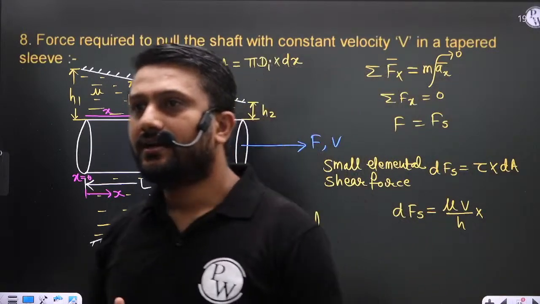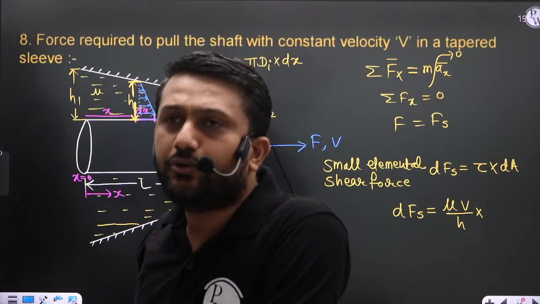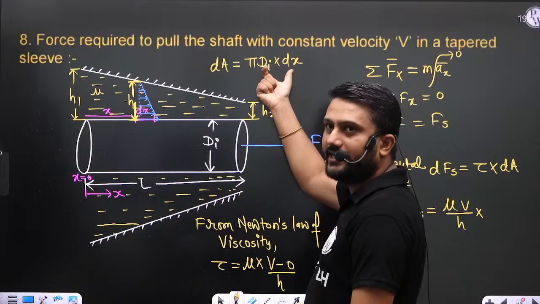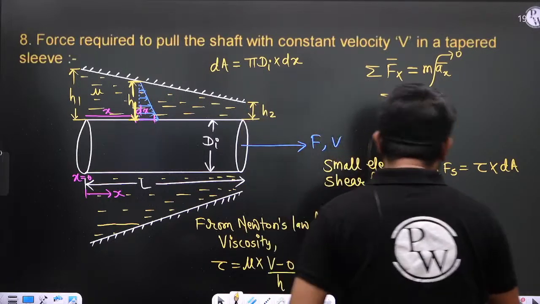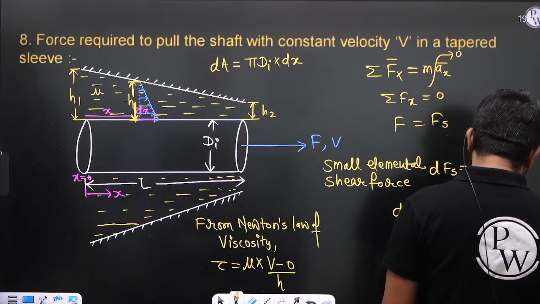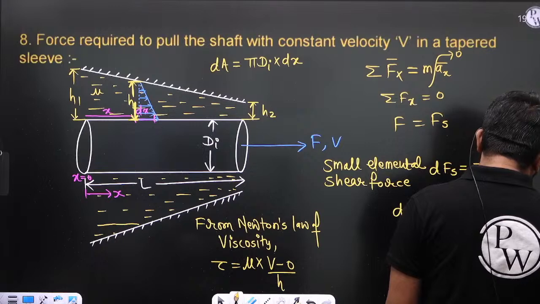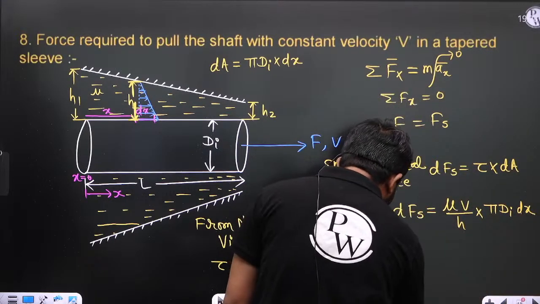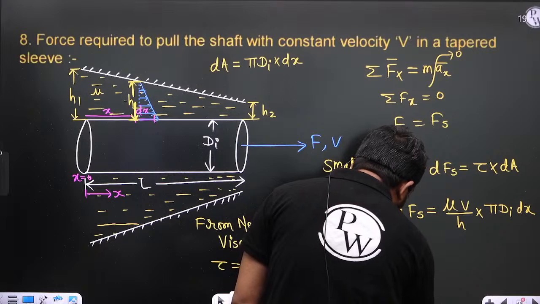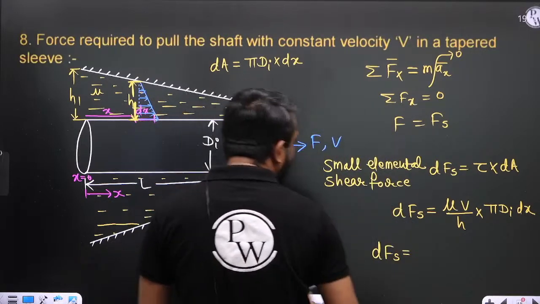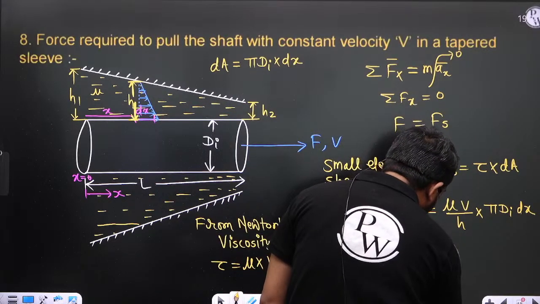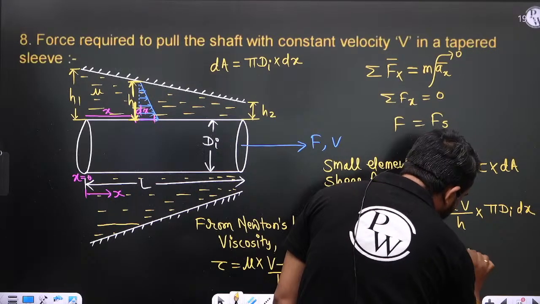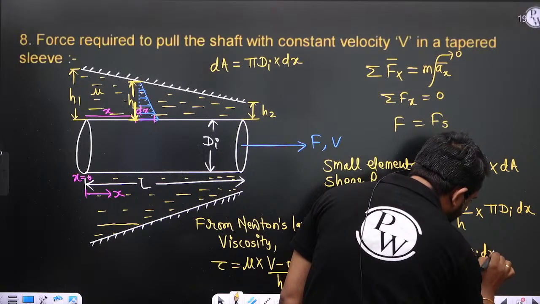So this is the small elemental shear area, and the small elemental shear force experienced by this element is mu V by h into pi d_i dx.